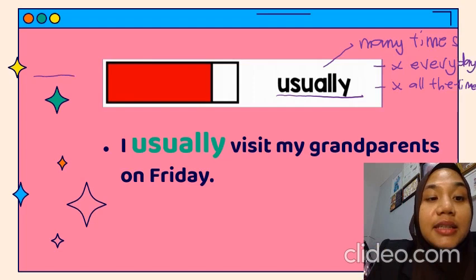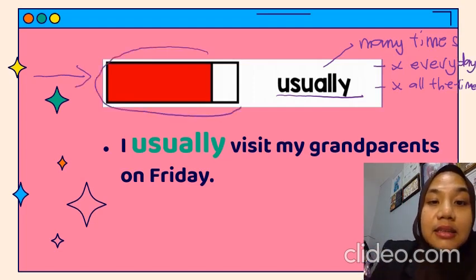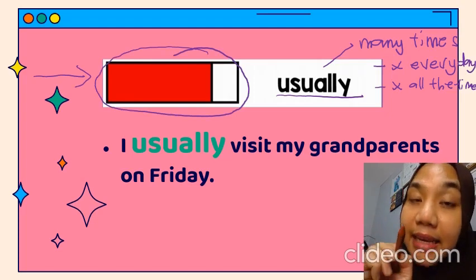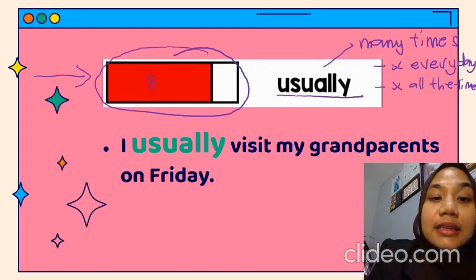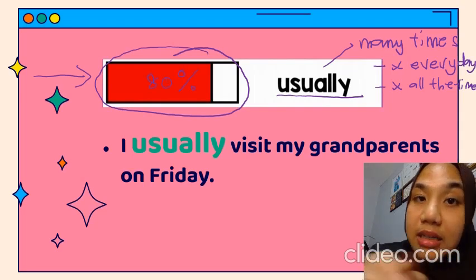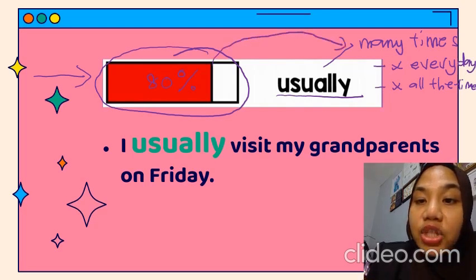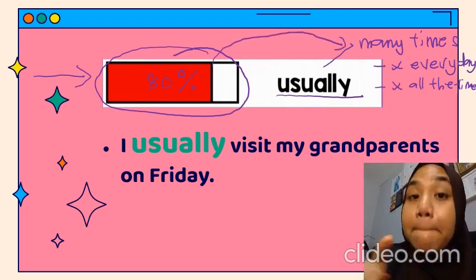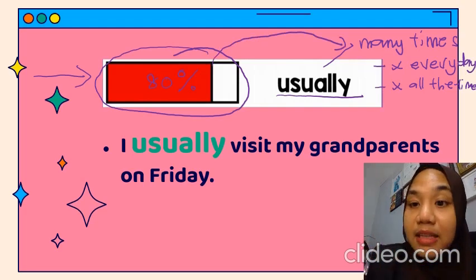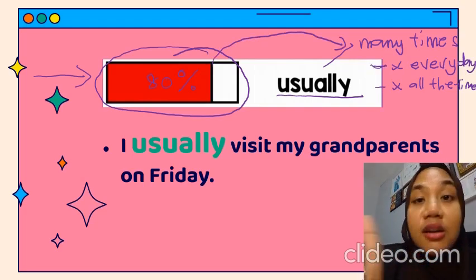Okay, look at this bar. The red color is slightly less than the red color that you saw in the always bar earlier. So this means that you do this action many times, but not every day, not all the time.